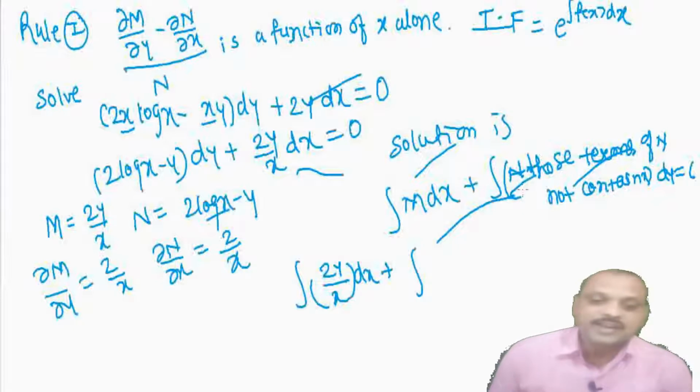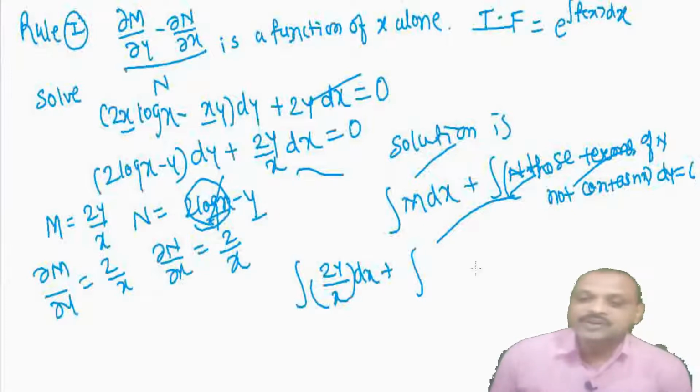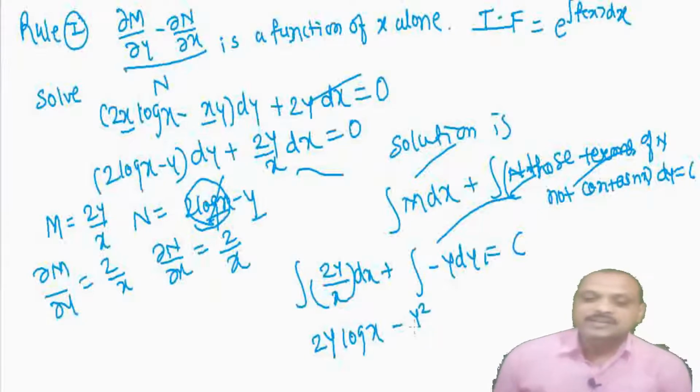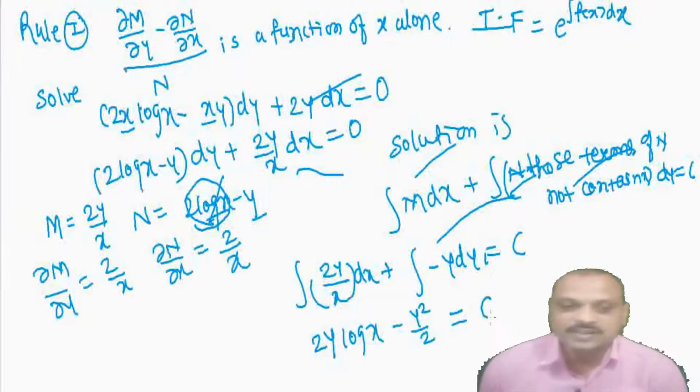So this is my n, this term contains x, so leave this term and take only this term, minus y into dy equal to integrating constant c. You can see that 2y is constant, and integration of 1 by x is log of x, minus y square divided by 2 equal to c. This is the solution of this equation.